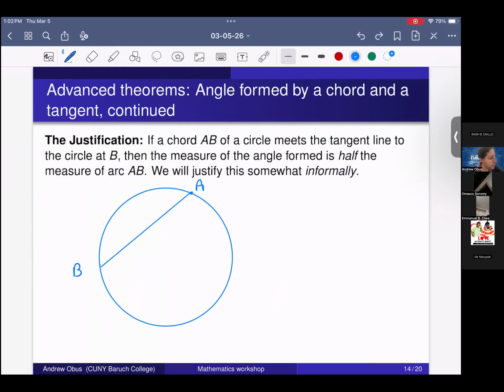Let me try to draw a straight line here. Sorry. One more time, I'm very bad at drawing these tangent lines. It's hard because the tablet is sort of slippery. Last time. Okay, that's pretty good. Let's just assume this is the tangent line.